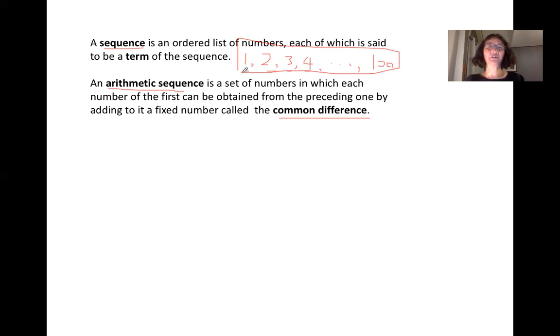When you are given the first number 1, the common difference in this example is 1. If you add 1 to the first number, you get 2. Add this common difference to the second number, you get 3. And add common difference 1 to the third number, you get 4, etc.